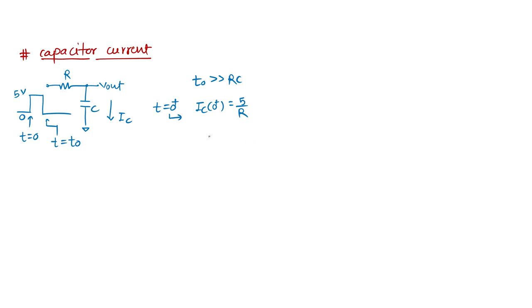So it will be 5 by RC, and after that it is reducing slowly. At some instant after 0 positive, plus some del t, it is reduced to 4 by R, and slowly we have seen it will reach 0 ampere because your t naught is much greater than the RC. This is due to 5 volt.